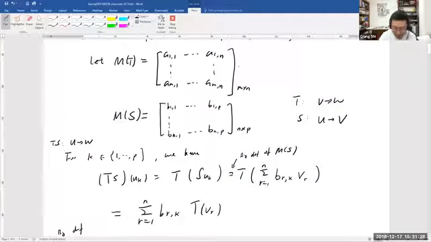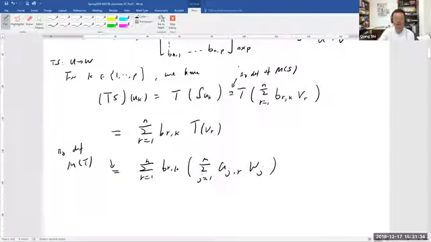M(T) here is M by N, so there are M entries along each column, like A_{1R}, A_{2R}, and up to A_{MR} here, right? That's what we are talking about.